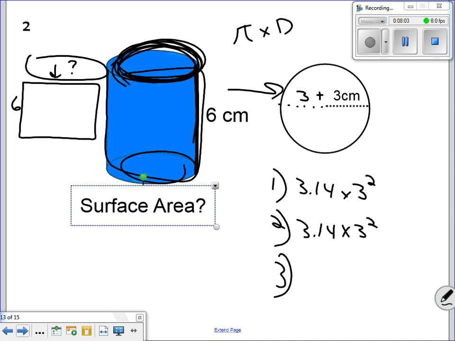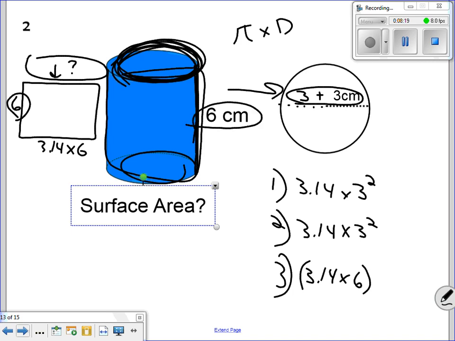So here I'm going to have to go 3.14 times my diameter, which would be 6. Once I'm done with that, I'm going to have to multiply, because that's what would be this distance right here, right, kids? I'm going to have to multiply that by 6, because 6 is my height. So you're going to notice on a cylinder, to find the surface area, it's quite a bit of work.